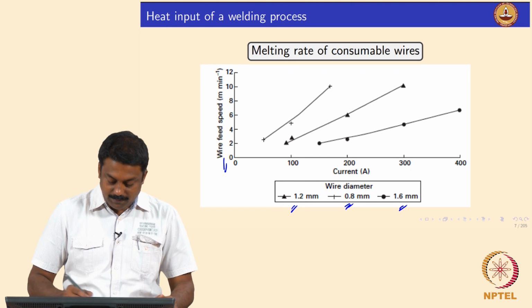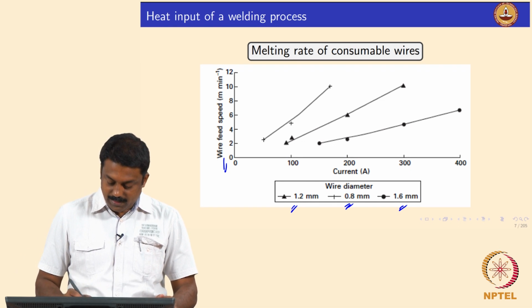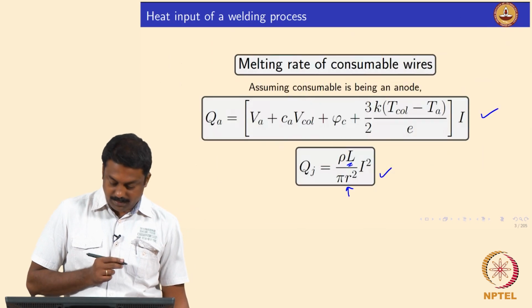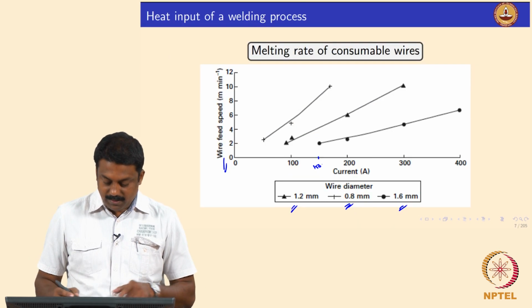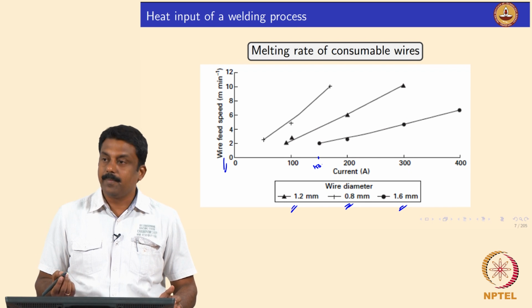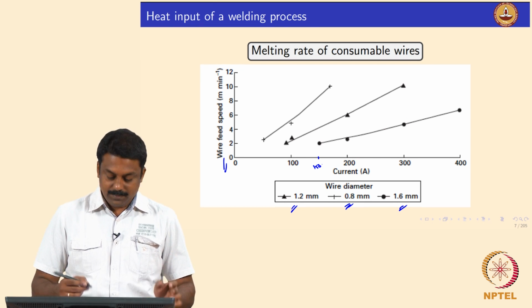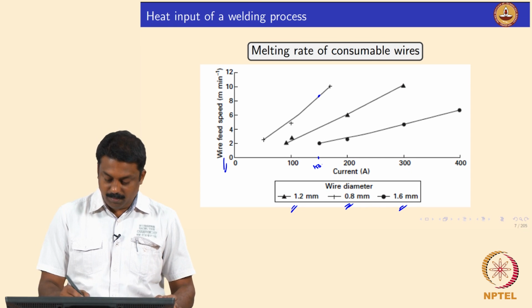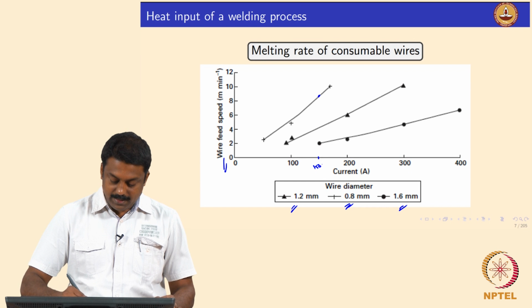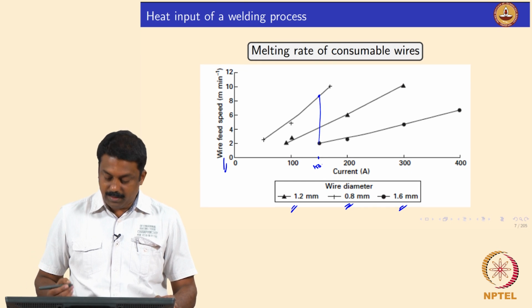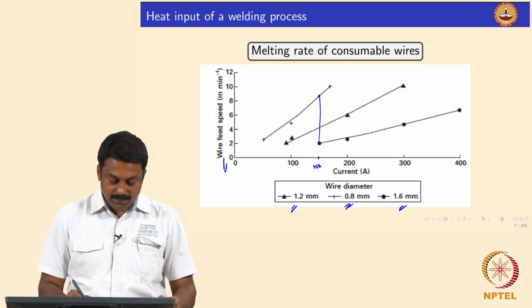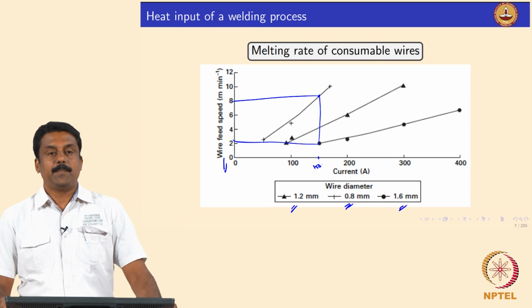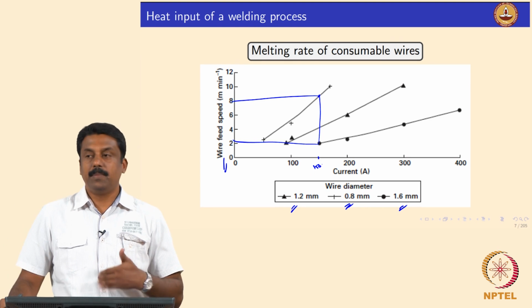For a given current, say 150 amperes, which will have the lowest melting rate? The lowest melting obviously will come from 1.6 mm, the largest diameter. The maximum melting will happen for the smallest diameter, which is 0.8 mm. So, changing diameter from 0.8 to 1.6, you can change the melting rate from 2 to close to 8. These are experimentally observed values.